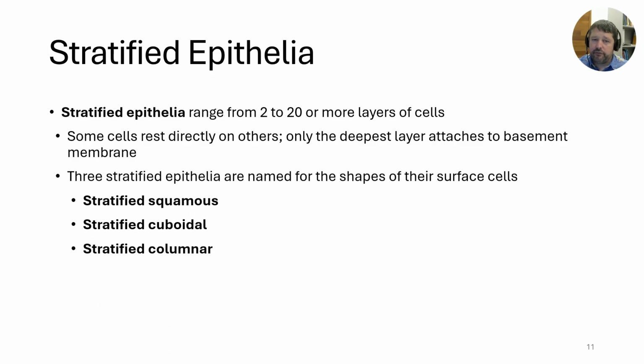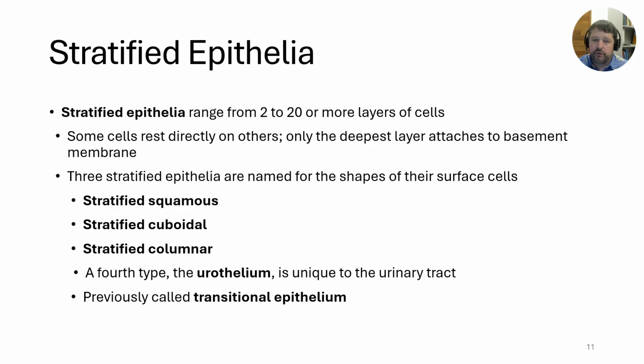And they can have any type of shape to the cells: squamous, cuboidal, columnar, whatever. And then there are a few unique ones like the urethra, which is part of the urinary tract.